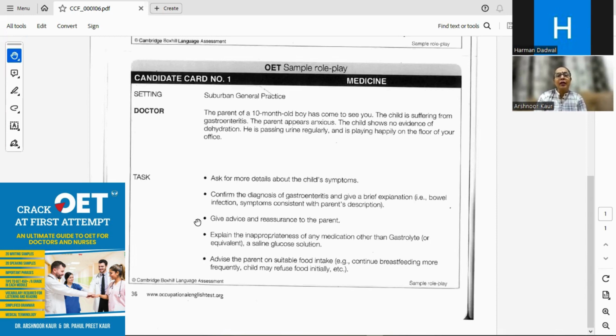Keep your politeness for a long time. Don't be short-tempered. Sometimes the patient may use harsh language or become rude to you, but you have to be very polite and humble in that case. This is the demand of the role play. Hope this topic will be helpful for you.